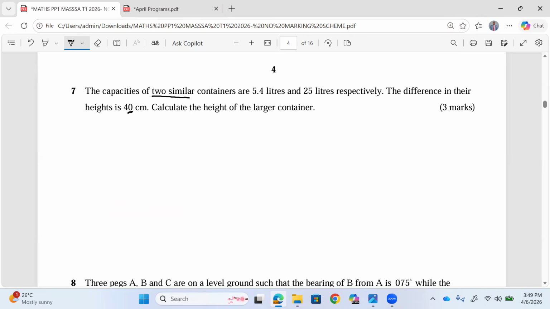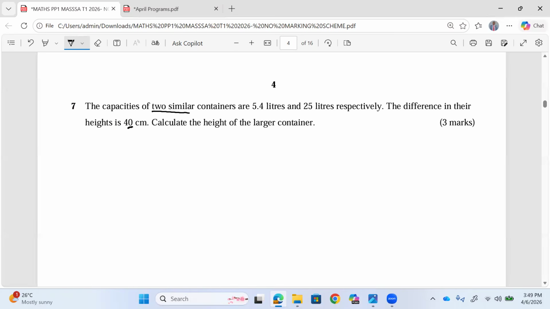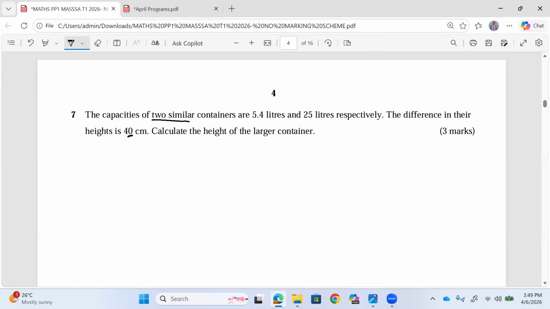One thing that you're supposed to know is that a capacity is a three-dimensional quantity. Capacity together with volume, together with density and mass, they are three-dimensional quantities, so they give us what? Volume scale factor. So capacity, let me just give you that summary.